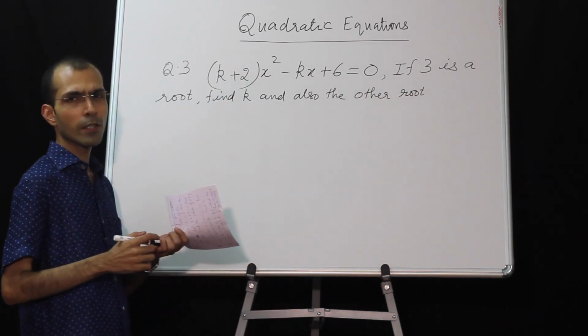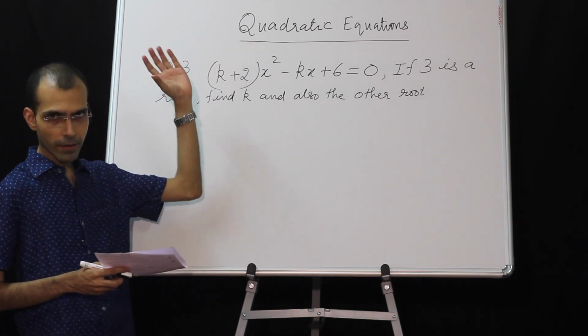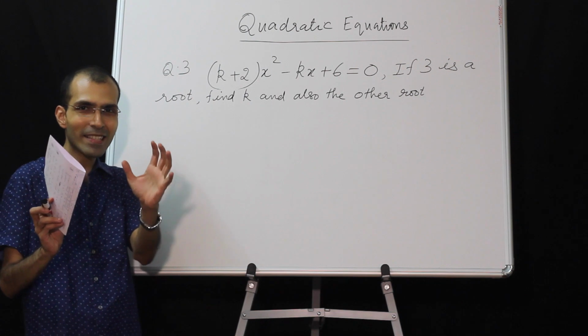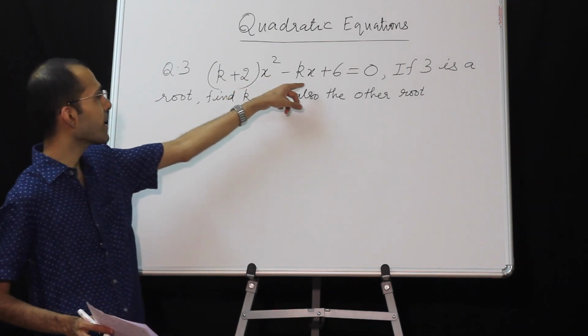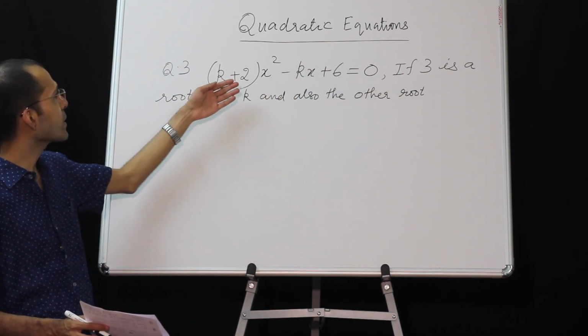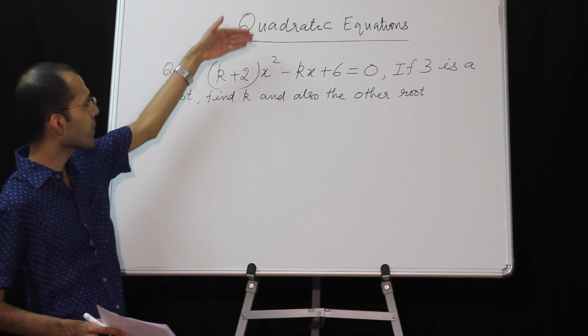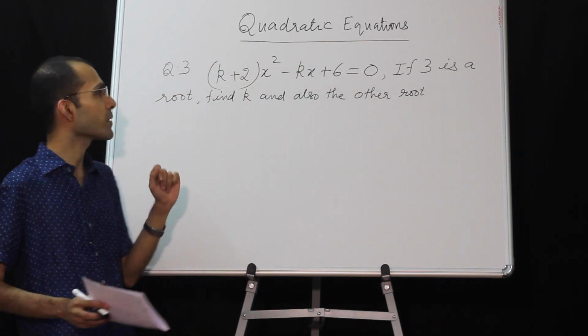Root means solution. So equation is k plus 2 times x square. So k plus 2 acts as a single entity, minus kx plus 6 equaling 0. So it is very clear that this equation is quadratic in x power 2. Then power of x is 1 and then the power of x disappears.